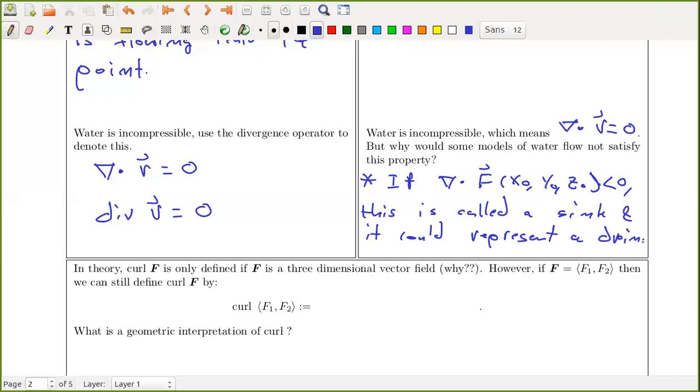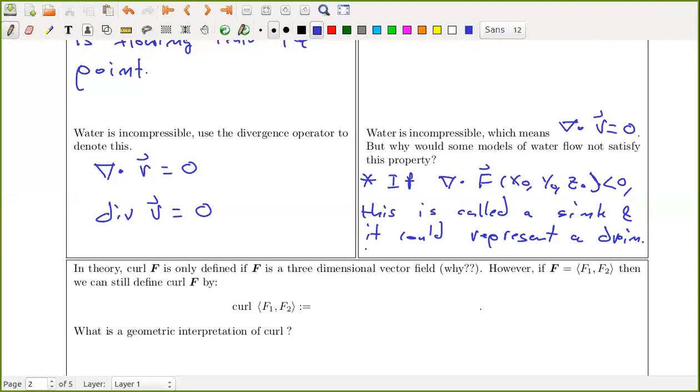So maybe you want a mathematical model of the way that water flows in a sink. The divergence is going to be negative at the drain because the water is sinking down into the drain. That's why it's called a sink.